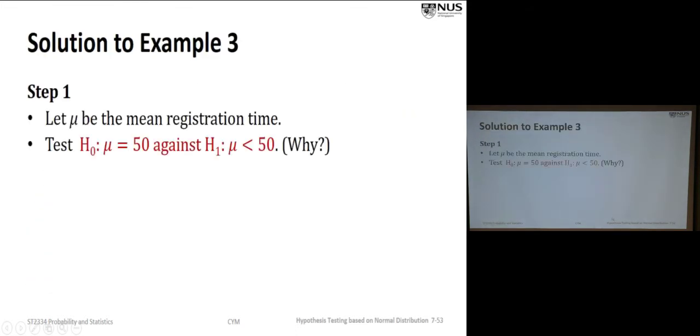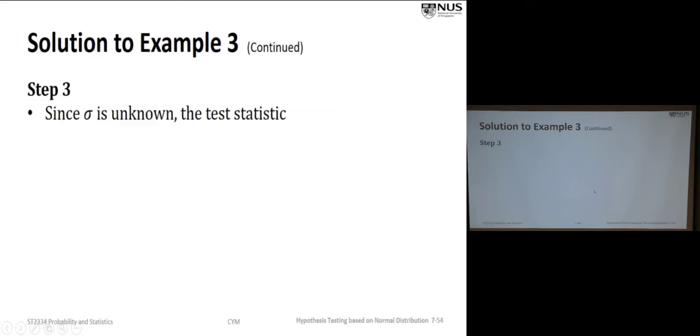So we set up the mu. I'm sorry, I forgot to mention it is the mean registration time for the new procedures. This mean refers to the new procedures. This is what we try to test: set up alpha, and then set up the test statistic.